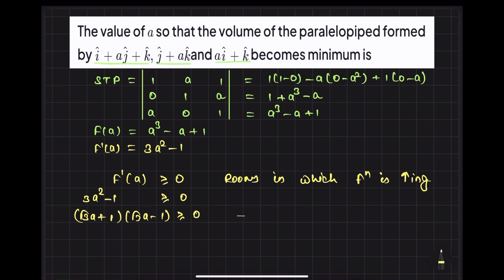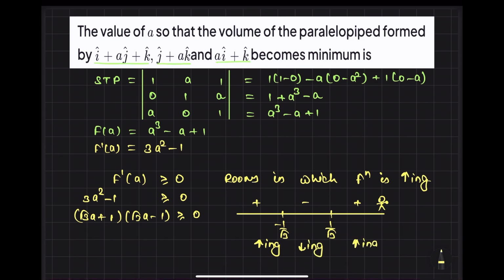Okay, so can I say that we got two values of a, minus 1 by root 3 and plus 1 by root 3. In this range the function is positive, negative, positive. This means in this range the function is increasing because we are interested in positive. Okay, in this range it is decreasing, in this range it is increasing.